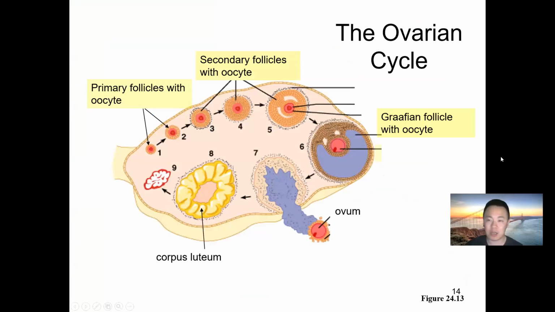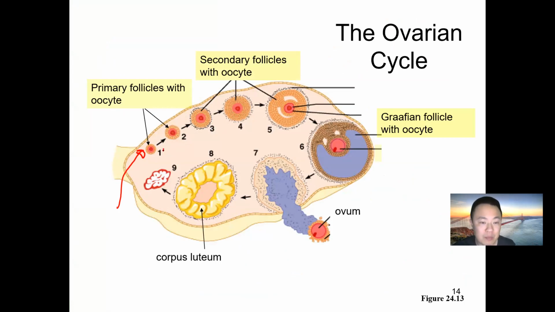So here it is, the ovarian cycle. Obviously, this is not what it would look like if you were to slice an ovary in half, but this is a very general cartoon that shows you the stages of the follicle. You can see millions and millions of those egg cells, those oocytes, are stored away in these primary follicles, and they lie dormant in there until the time has come for them to come out.